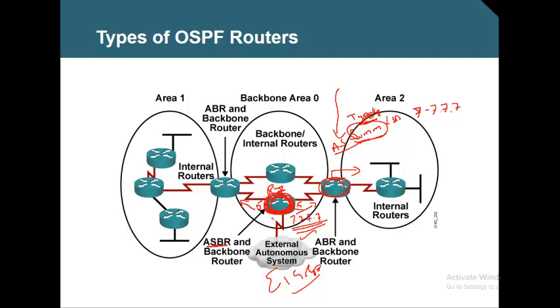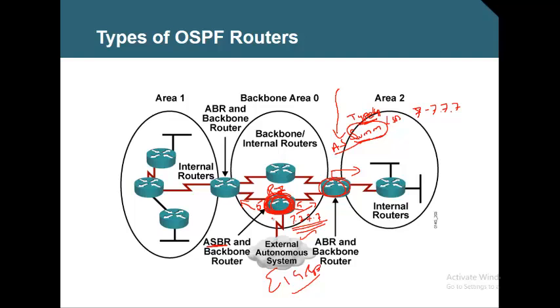Now, what is the role of type 4? Type 4 is just to inform everyone in OSPF about the router ID of the ASBR. Simple, only the router ID of ASBR. What is the router ID of ASBR? 7. That's all.